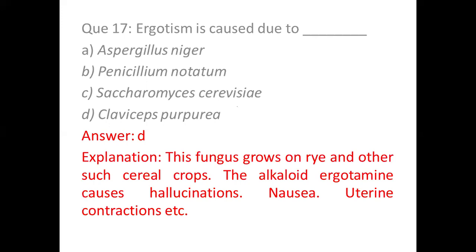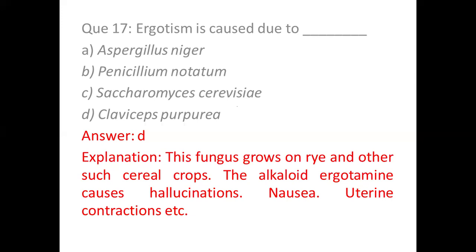That is the Claviceps purpurea. And this fungus grows on rye and other cereal crops. And the alkaloid ergotamine causes hallucinations, nausea, uterine contractions, etc. So, what exactly is ergotism? Actually, it's a long-term ergot poisoning, traditionally due to the ingestion of alkaloids produced by the Claviceps purpurea.